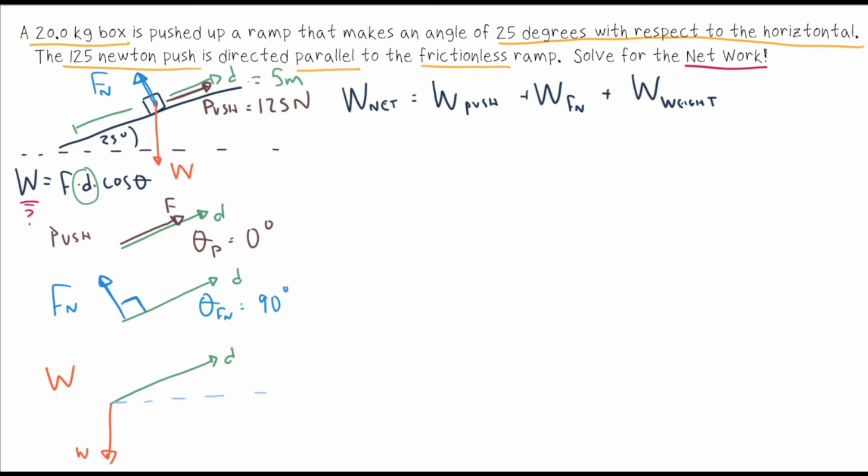We know that the weight acts straight down with respect to the horizontal, so we know that this angle in here is 90 degrees. And we're given the fact that this angle up here is 25 degrees. So we can add those together. So the angle for the weight is going to be 90 plus 25, which is equal to 115 degrees. And that's the magnitude of the angle between the displacement and the weight vector.